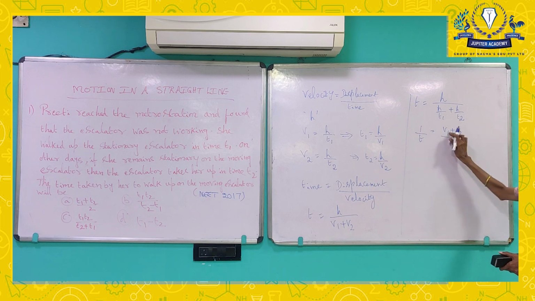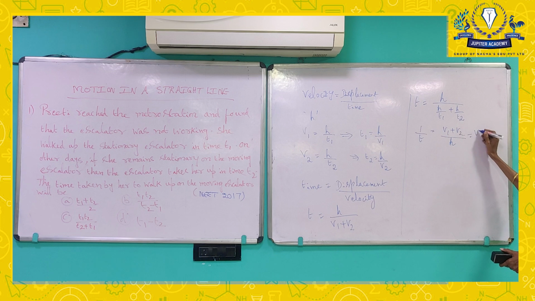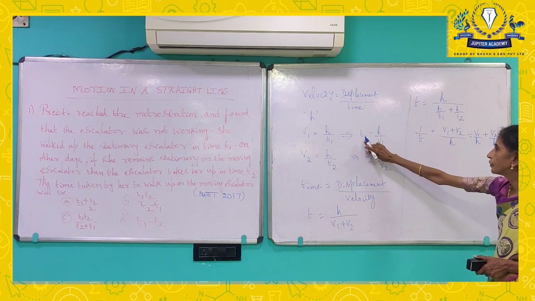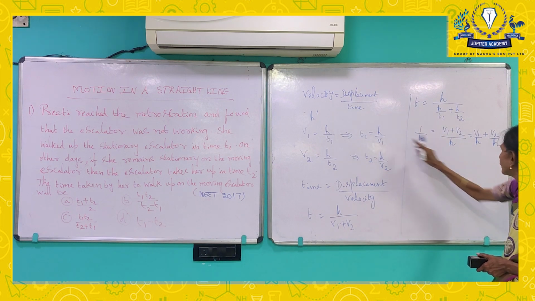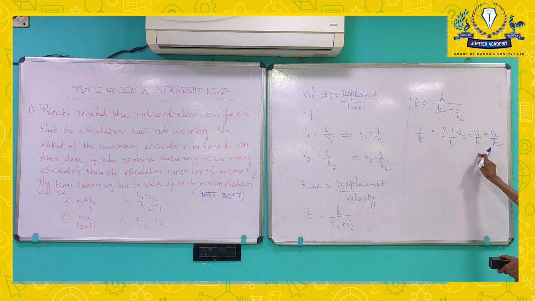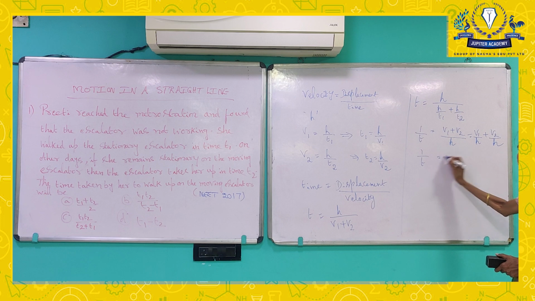With h being the common denominator, we can write it as v1 by h plus v2 by h. Now from this formula, what do we get? t1 equal to h by v1. Now what is v1 by h? It is nothing but 1 by t1.